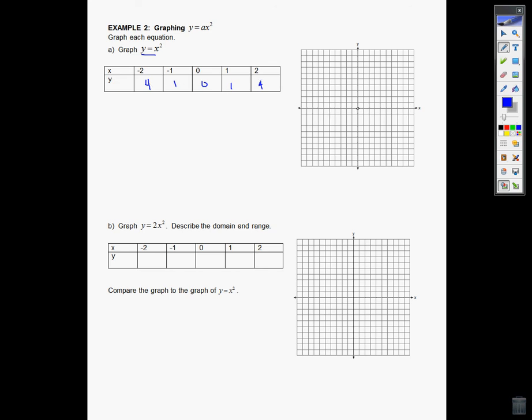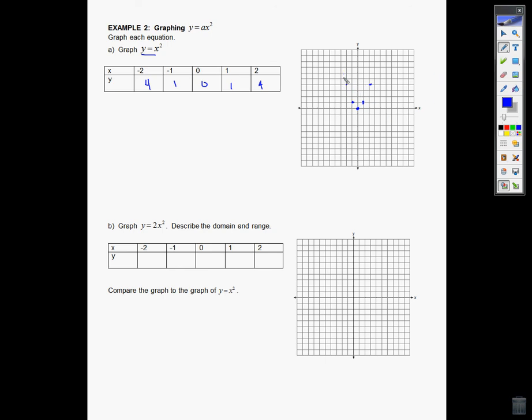So if I plot this, I go 0, 0, I can go 1, 1, I can go -1, 1, I can go 2 and up to 1, 2, 3, 4, and I can go -2 up to 1, 2, 3, 4.